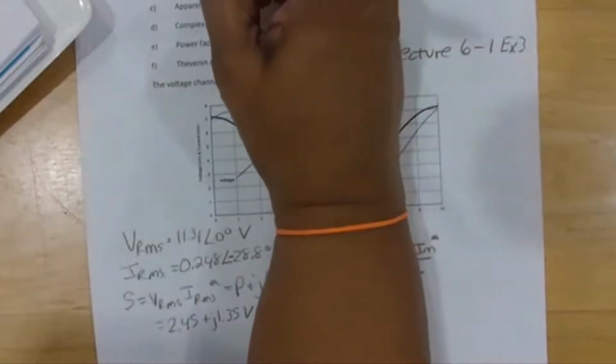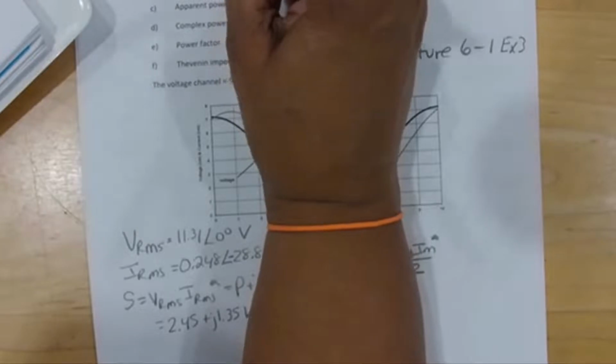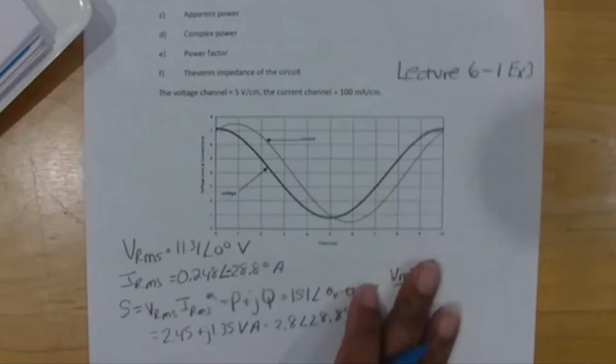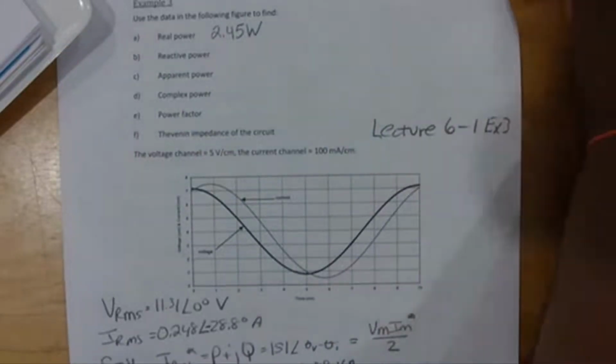The real power: theta V minus theta I. V is a 0, so 0 minus a negative number becomes positive. So the real power is 2.45 watts.